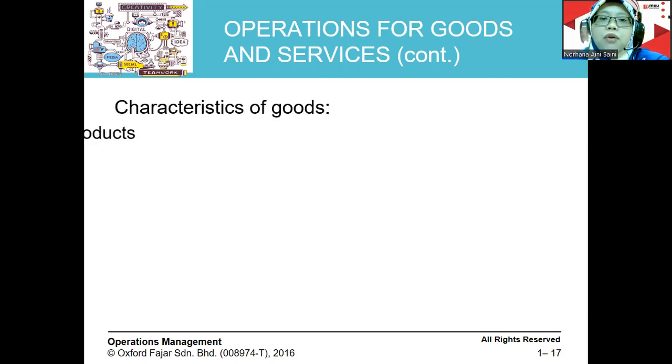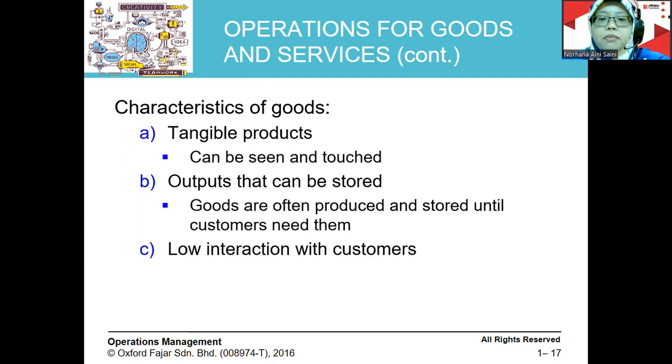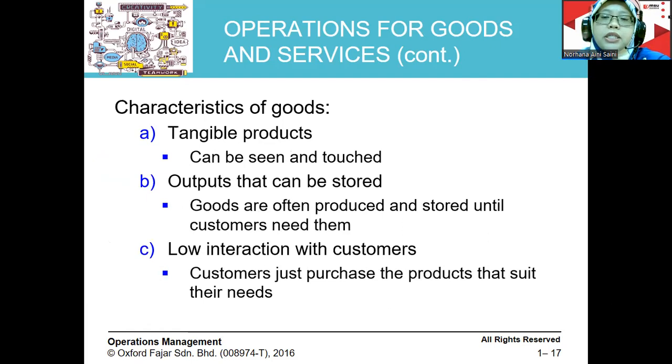Now let's look at the characteristics of goods. Characteristic number one is a tangible product. Tangible product means that the product can be seen, can be touched, can be smelled. For example, a food provider, like a restaurant, is more on the goods side.